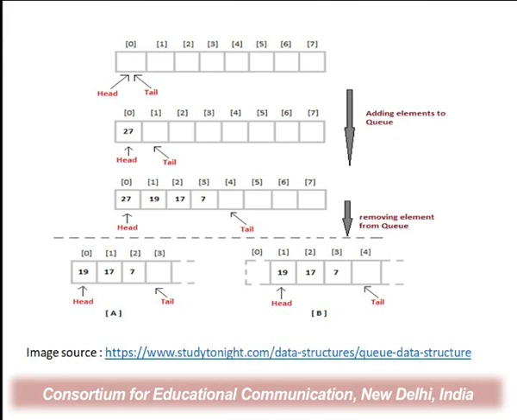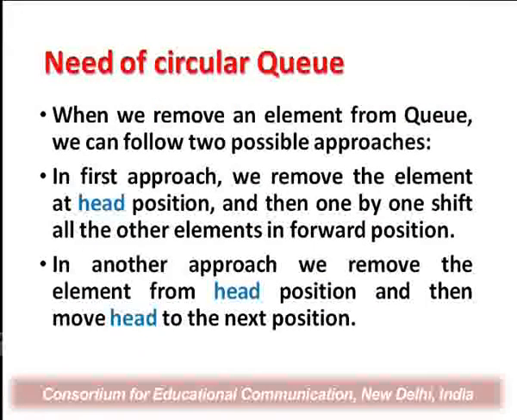So 19, 17 and 7 are all at their own places and we have just moved the head pointer. So the idea is either we can remove the element from the head position and then one by one shift all the other elements in the forward direction, or we can just remove the element from the head position and move head to the next position.